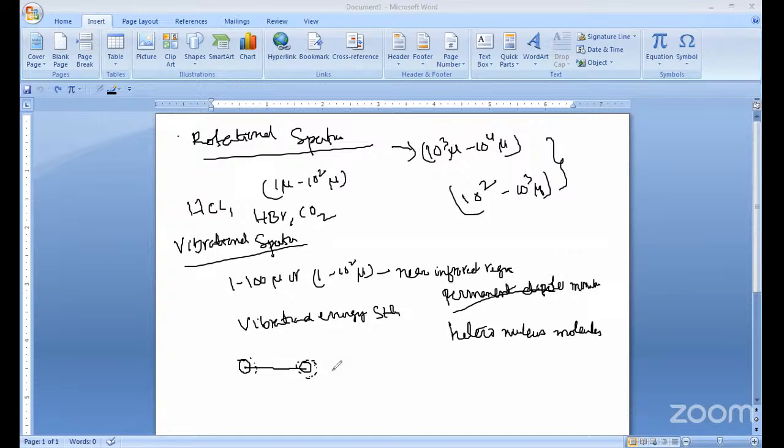In the case of the vibrating molecule, we will be calculating the vibrational energy of a diatomic molecule.